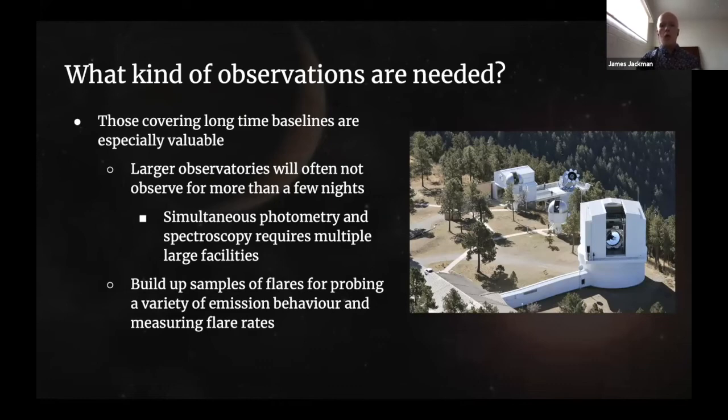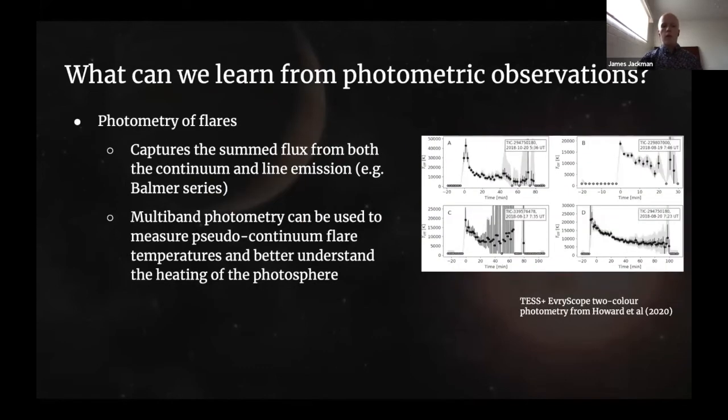And all kinds of observations can be used to tell us something about the physics of flares. Multi-filter photometry can be used to measure pseudo-continuum flare temperatures. Photometry captures, as we know, both the continuum and line emission, any continuum and line emission that falls within your chosen filter.